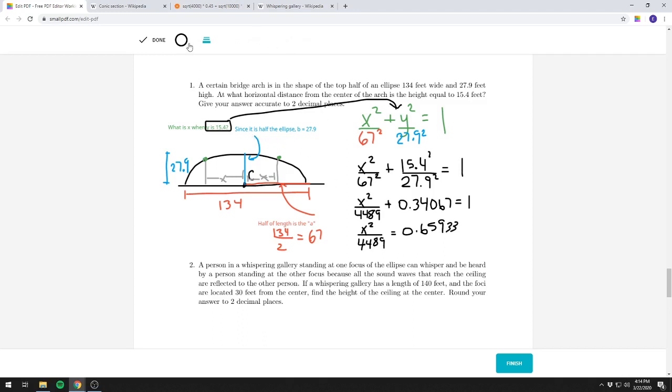Because I wrote the wrong number, now I gotta double check myself. We would continue solving for x squared, or solving for x, we would multiply each side by the 4,489. So I'm going to write that on my paper. Wait, don't write the wrong number.